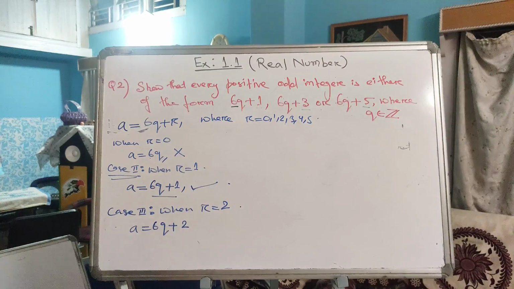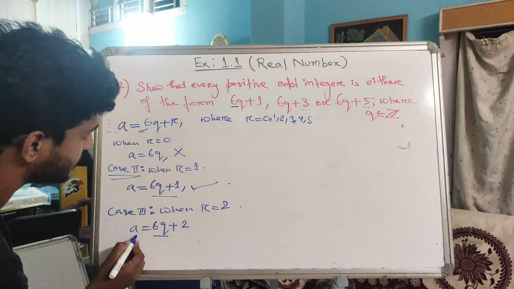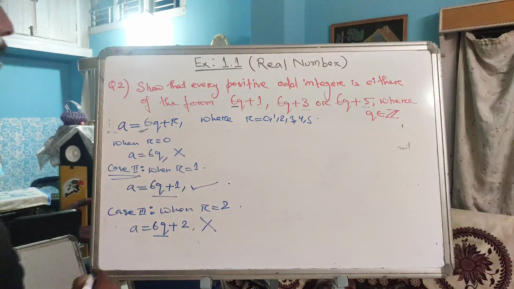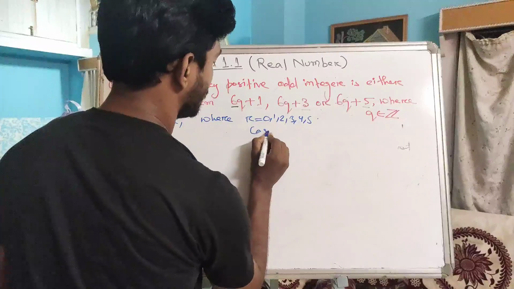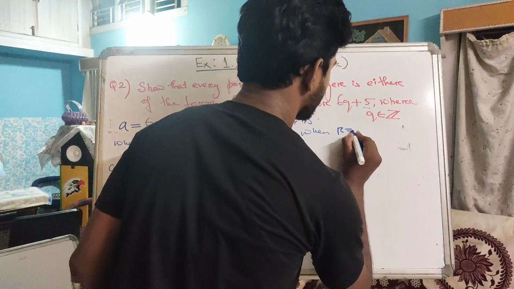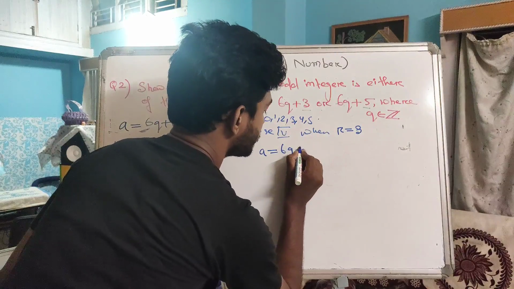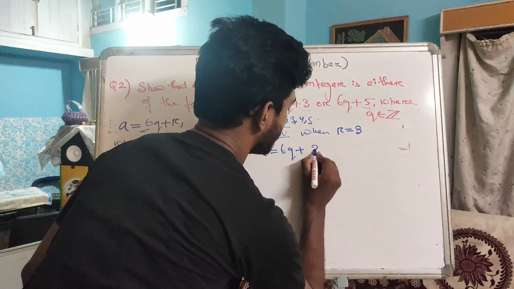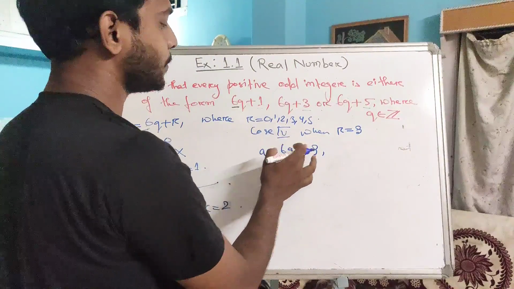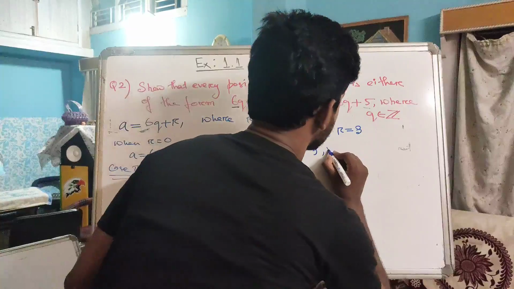This case is also not possible because this is an even form, and even plus even is also an even number, but we have considered a to be odd, so this is not considerable. Now case number 4, when r equals 3. Here a equals 6q plus 3. This form is considerable because 6q is an even number, and even plus odd is an odd number, so this is also considerable.